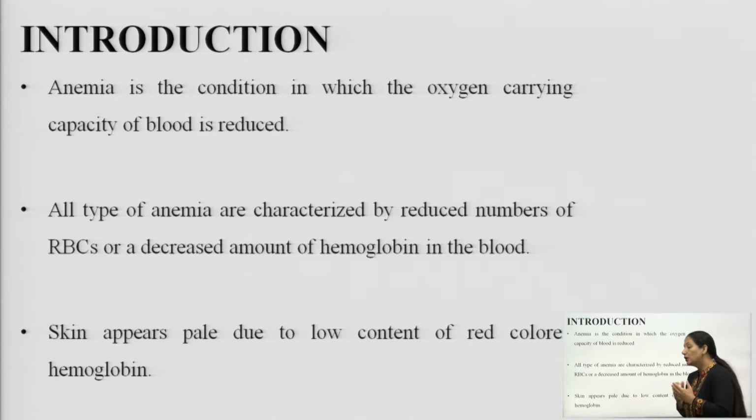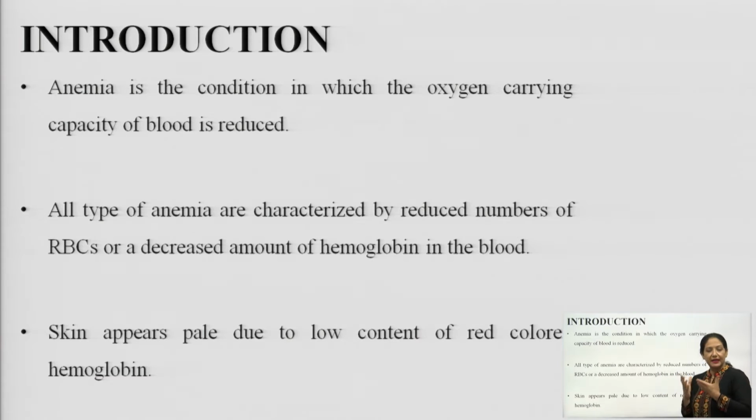All types of anemia are characterized by a reduced number of RBC or a decreased amount of hemoglobin in the blood. Why am I saying RBC? Because RBC is the main element that carries oxygen. So anemia is directly related to the oxygen carrying capacity as well as a decreased number of RBC.